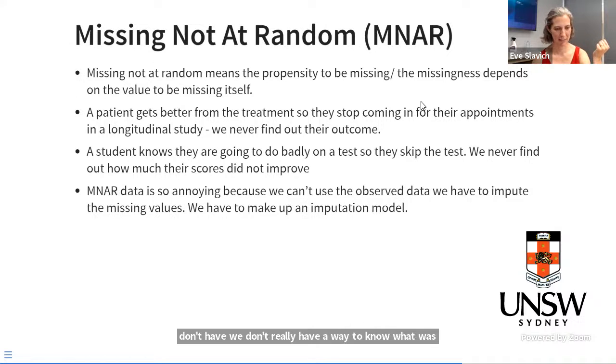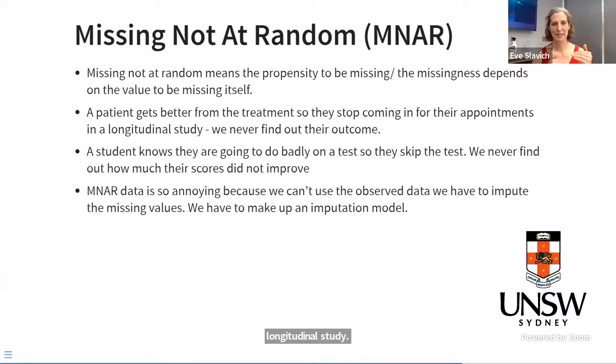So, didn't do incremental dot points here. So missing not at random means that the propensity for the data to be missing depends on the value that's missing itself. So an example is a patient gets better from a treatment, so they stop coming in for their appointments in a longitudinal study, and we never find out their outcome.